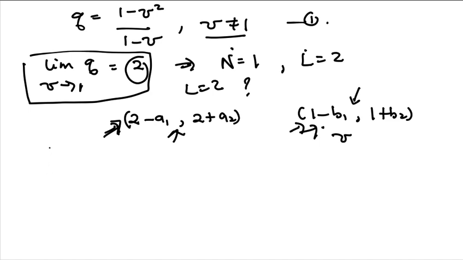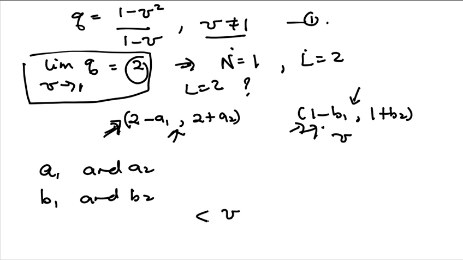So from here, for a given value of A1 and also A2, then we must have B1 and also B2, such that we have the following.